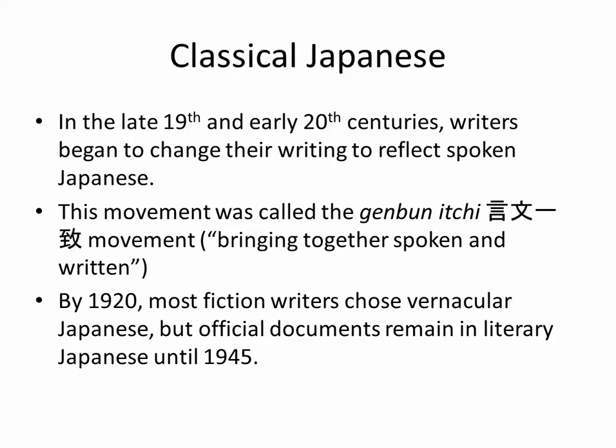What typically happened in the world of literature was that a writer whose lifespan covered the late Meiji period and into the Taisho, a typical writer would make a decision, almost like a career decision at some point in that person's career to switch over. And curiously, once that switch was made, that person almost never, I can't think of an example even, of somebody who reverted back to classical.